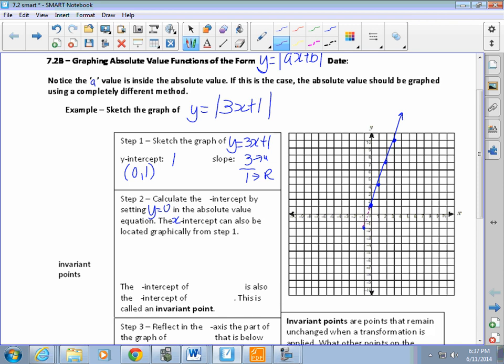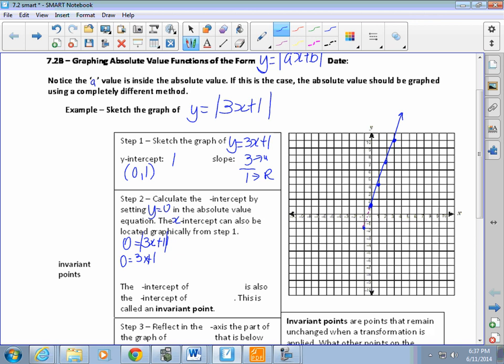But to do this by calculation, we put 0 is equal to the absolute value of 3x plus 1. So 0 is equal to 3x plus 1.